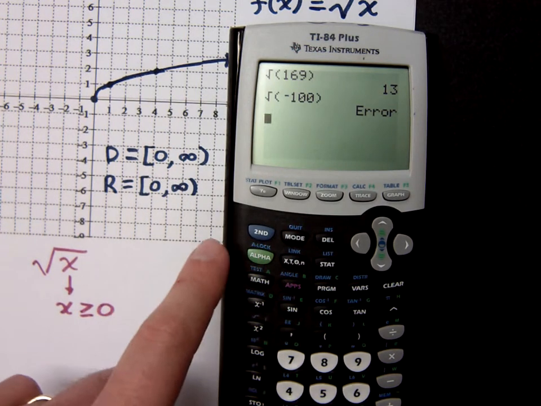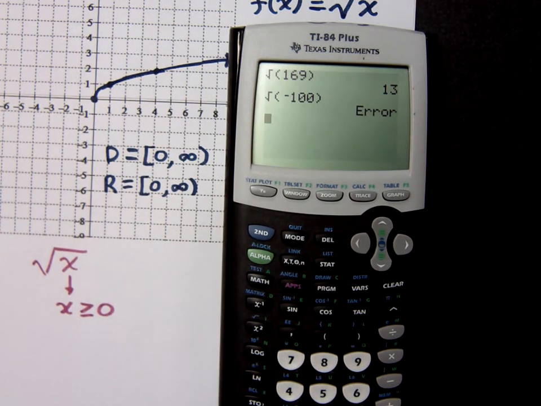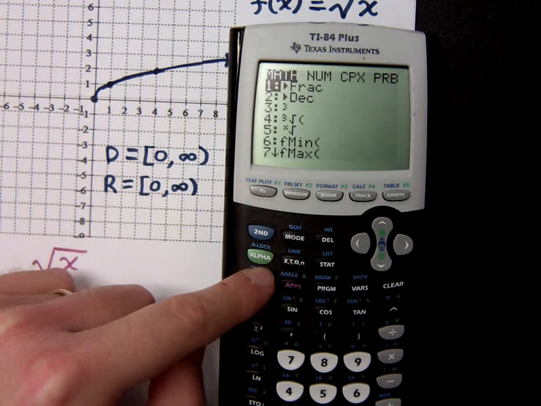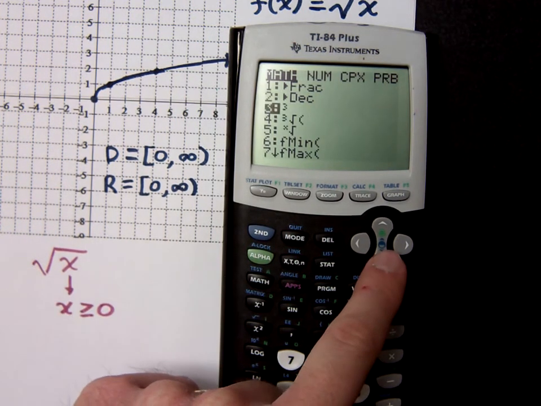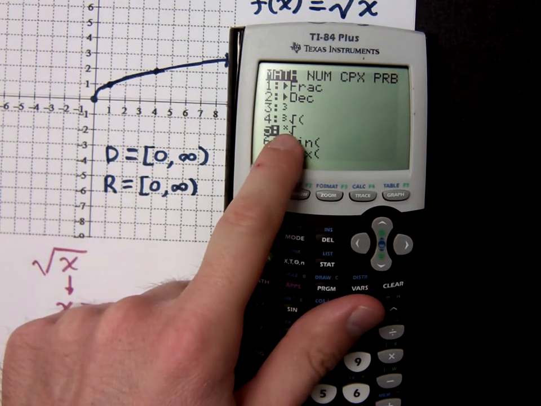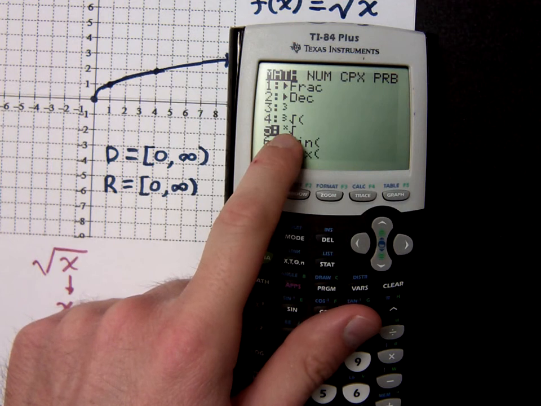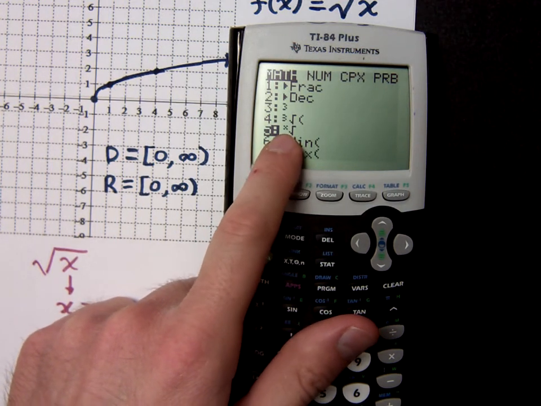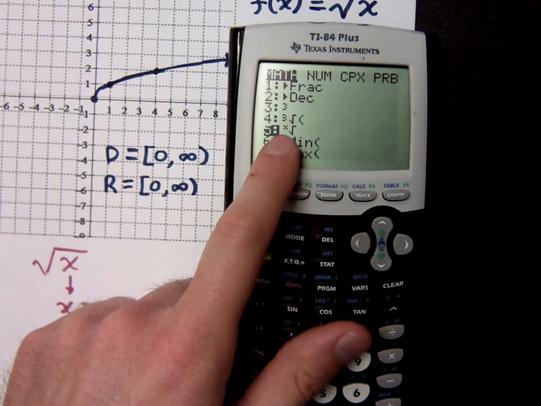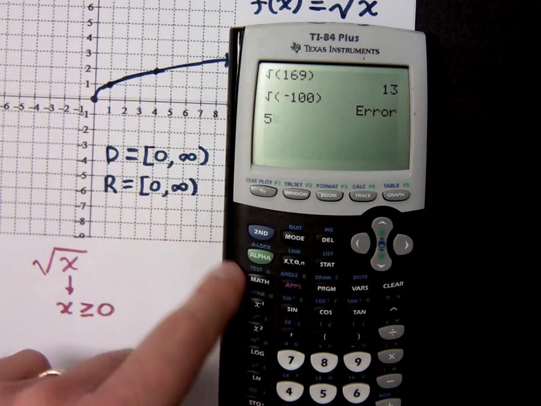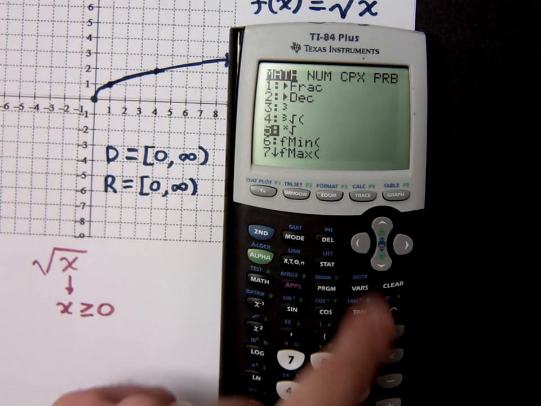Now, to do higher order radicals, if you press the math button, there's a cube root function right there, and there's this guy. See, it has this little x in front, which means you can make it whatever index you want it to be. So in order to use this, you have to put the value first, whatever you want your index to be. So if I want to do the fifth root, like I had earlier, I'd have to do 5, and then do this.